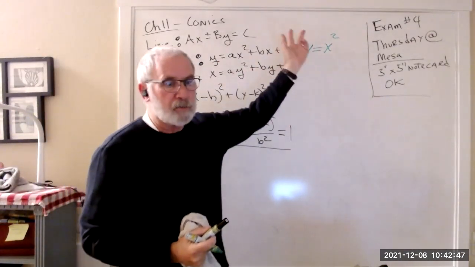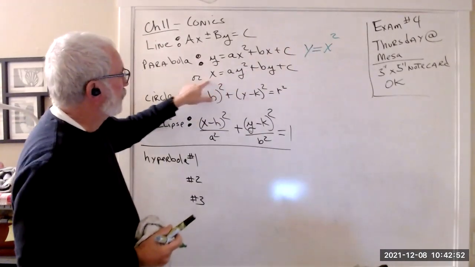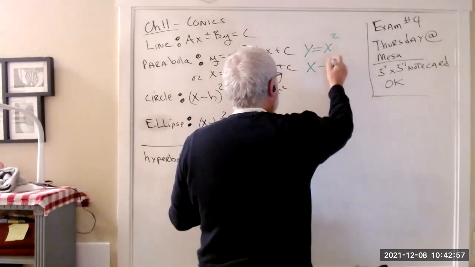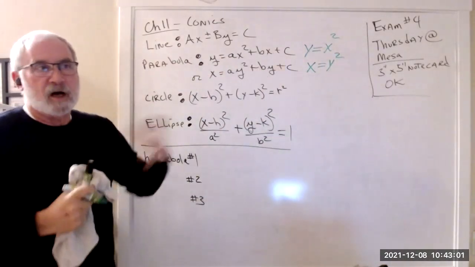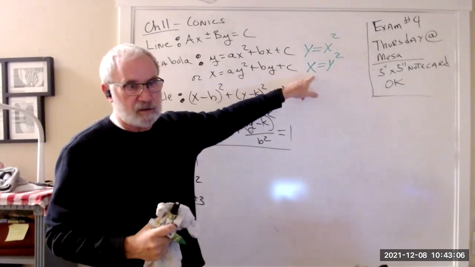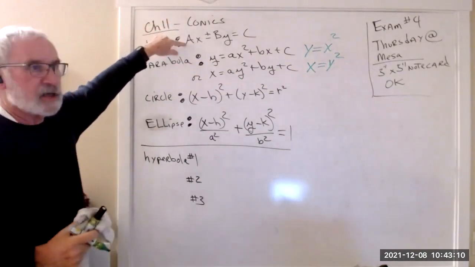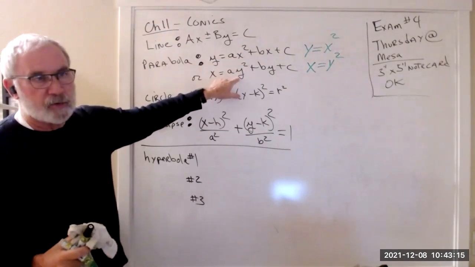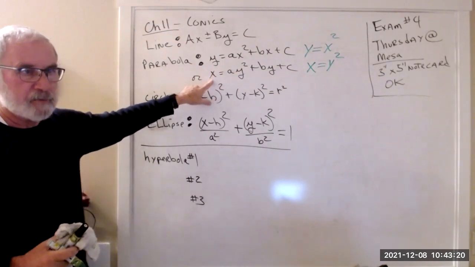It's an up parabola. This one down here, if you look at it very carefully, is essentially X equals Y squared. This is a sideways parabola. So lines have no powers. Parabolas, only one of the variables is to the second power. The other variable is to the first power.